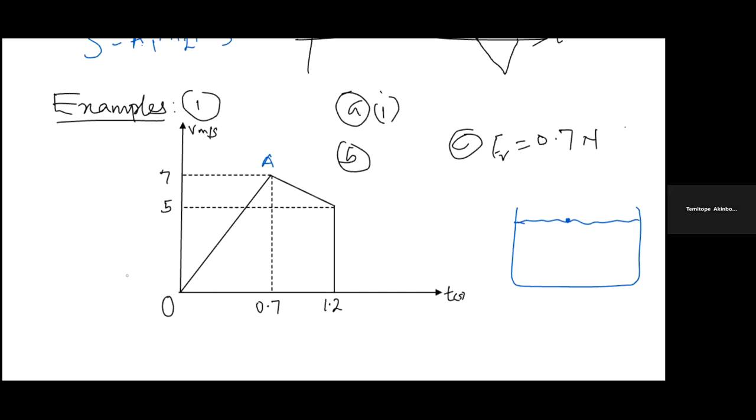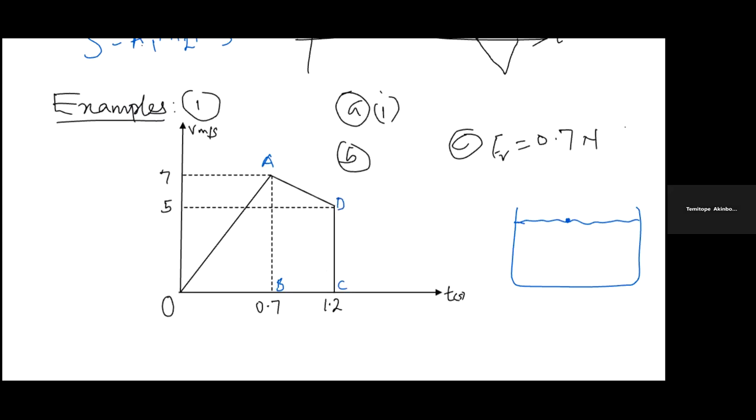Don't put yourself in a tight corner. Try and label them. You can call this place B, call this place C, and call this place D. So that will make it easy now. So consider triangle OAB.